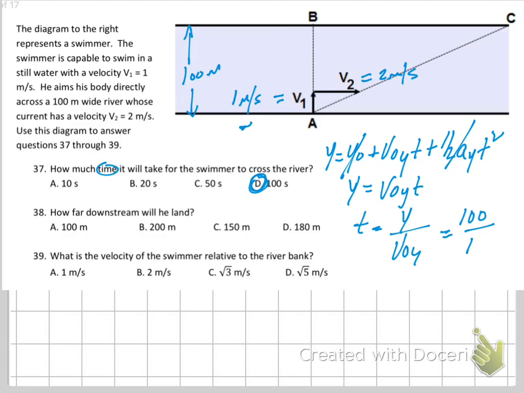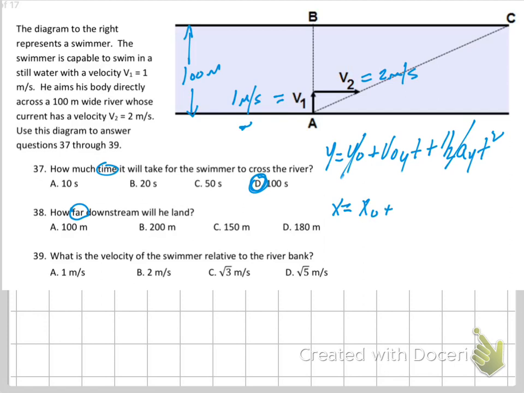Okay, number 38. How far downstream will he land? Let's make some room here. We do have a time, and we're looking for distance, so now we can use the second kinematic equation in the x direction. x equals x naught plus v naught x t plus 1/2 the acceleration in the x direction times t squared.